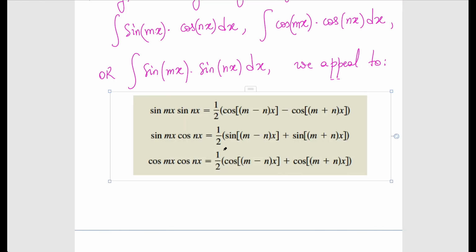So this relates sine mx times sine nx in terms of a difference of cosines, and sine mx times cosine nx in terms of sine, and cosine mx times cosine of nx in terms of cosine. So these are what you used to call product to sum identities, right? Let's take an example. So this is example 9.